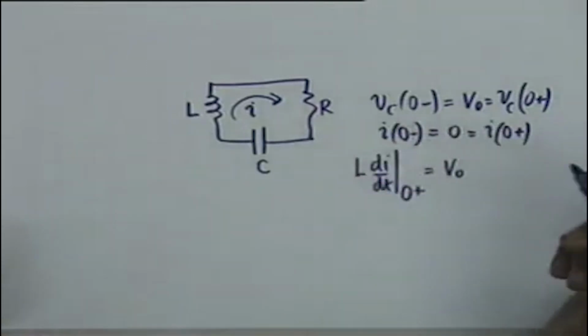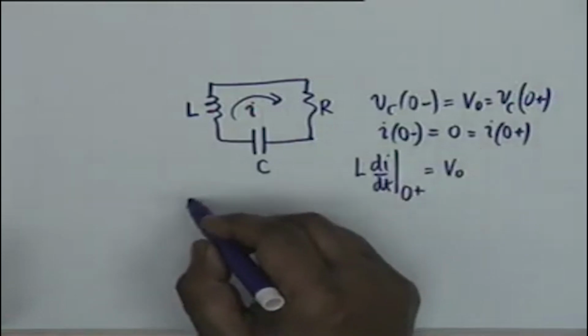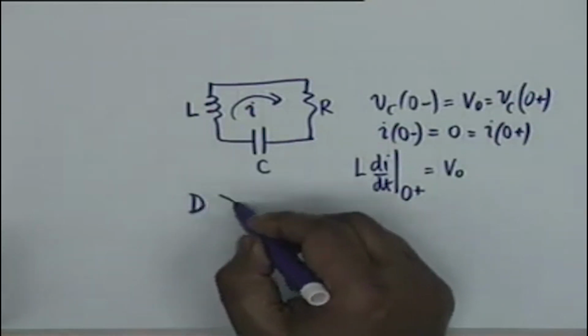And with these initial conditions, we have solved the circuit for the case when D, the discriminant, is greater than 0.